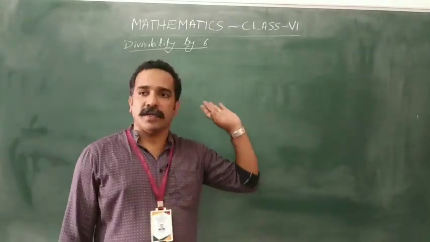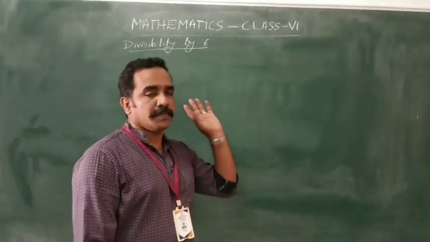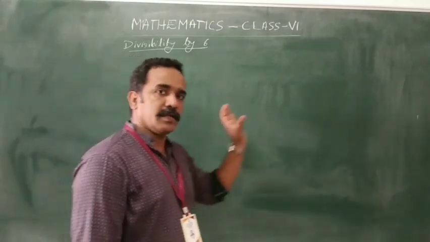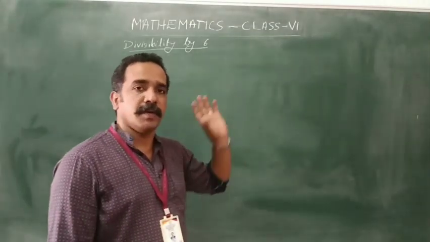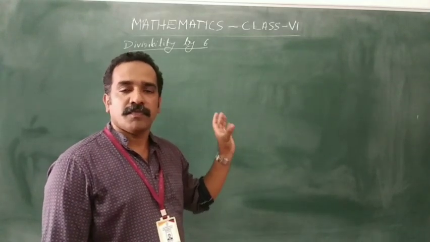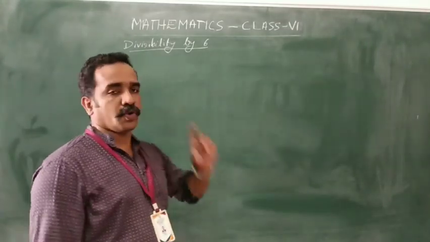What is meant by divisibility by 6? If any number is given, any big number, how can we check whether that number is divisible by 6 or not?